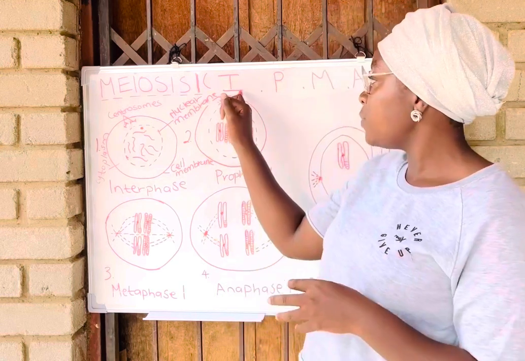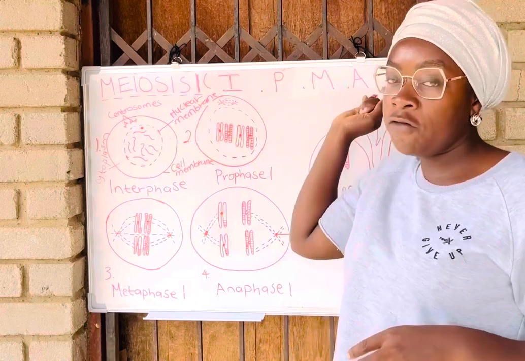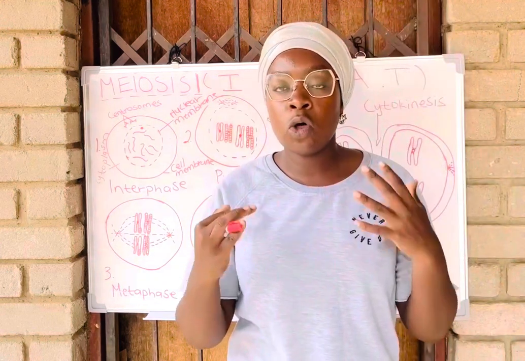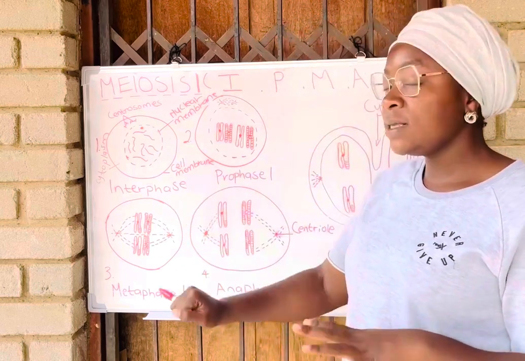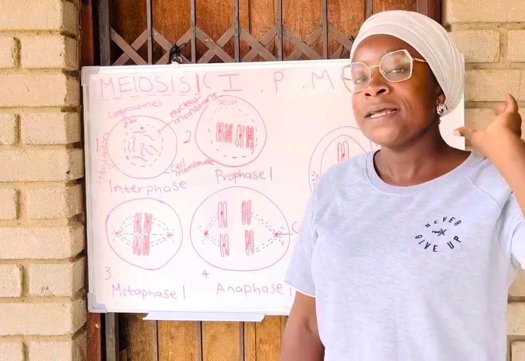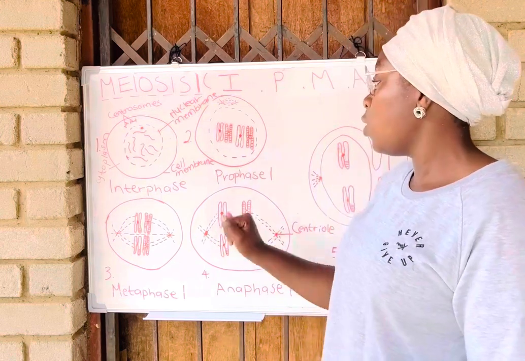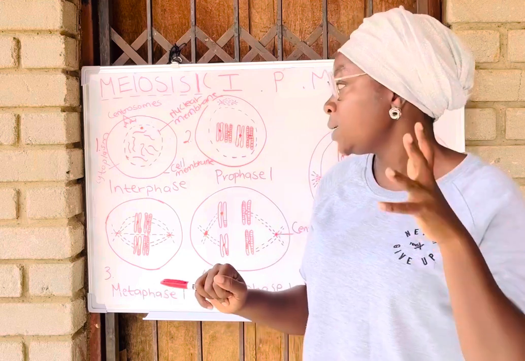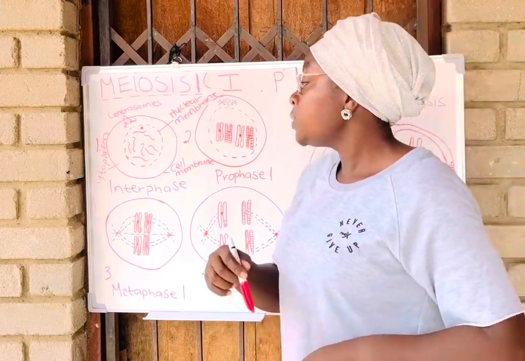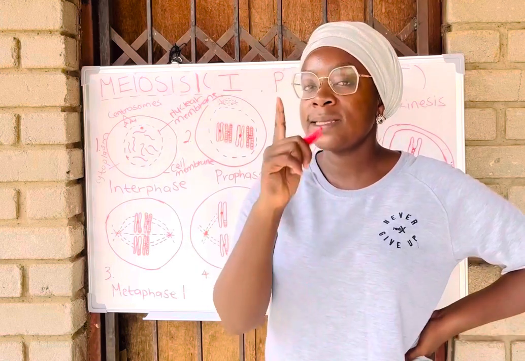The I represents interphase, prophase, metaphase, anaphase, and telophase. That way you'll know which ones follow the other ones. During interphase, DNA replication takes place. We spoke about that. And then we are going to have prophase, which is the stage whereby crossing over takes place.